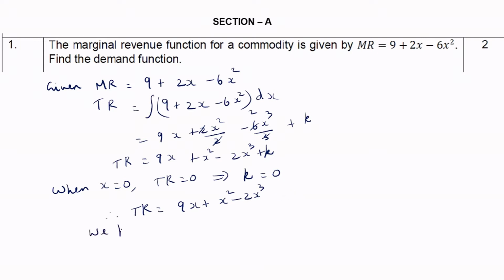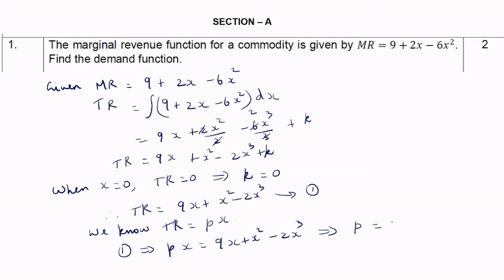Now we know total revenue is equal to price per unit into the level of output. So this implies Px is equal to 9x plus x square minus 2x cube. This implies P equal to 9 plus x minus 2x square.